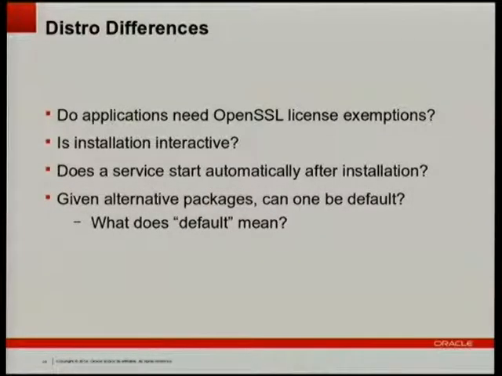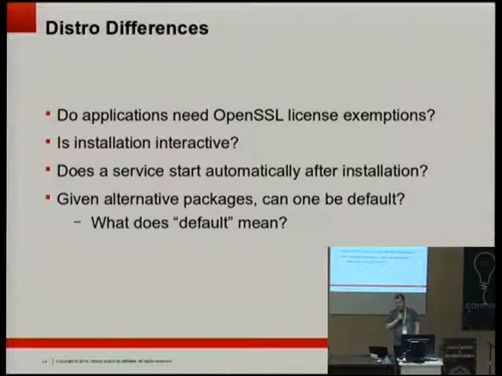For instance, does an application need an openssl license exception to use openssl? We build our enterprise edition with openssl, but we have actually bought the right to publish source code for another SSL library so that Linux distros don't need to compile with openssl.